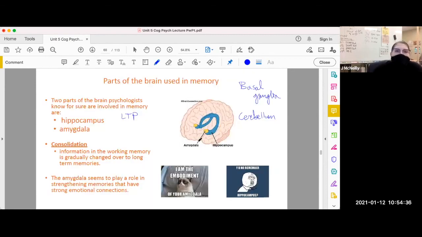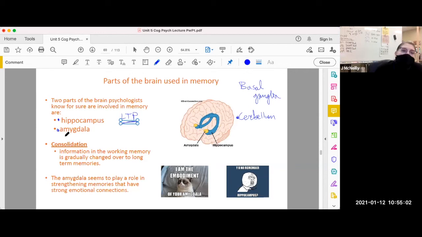We're almost done. So, parts of the brain used in memory. You need to know that the hippocampus, the amygdala, and the cerebellum are the main ones that we're going to talk about when we talk about the parts of the brain dealing in memory. Particularly, long-term potentiation, or long-term memory, occurs with the hippocampus, which is in the limbic system, as well as the amygdala.